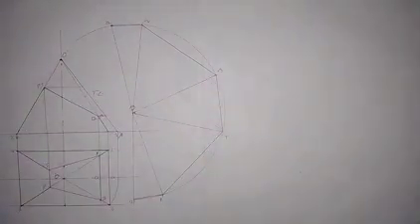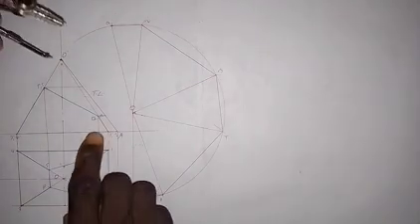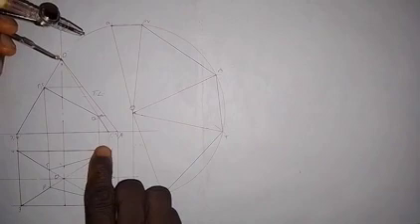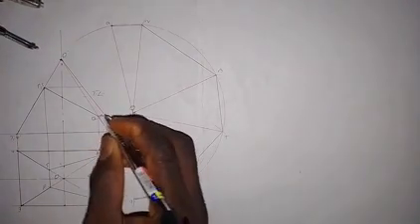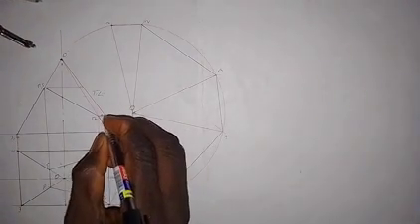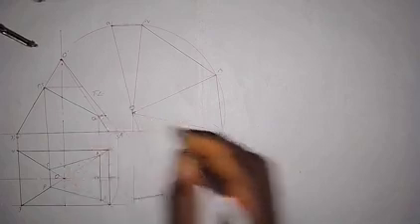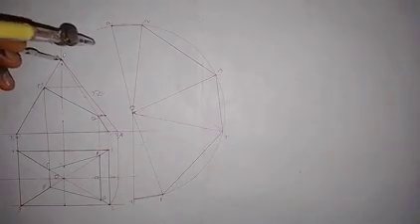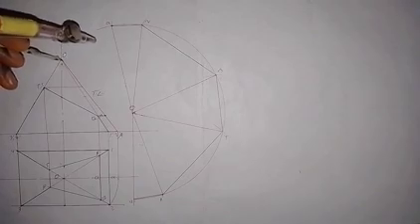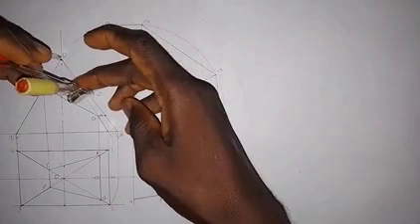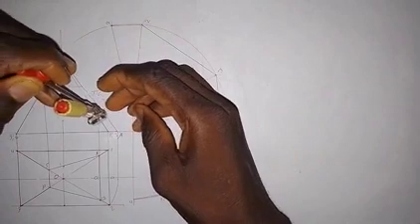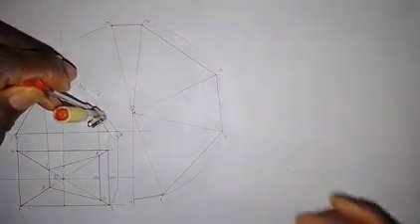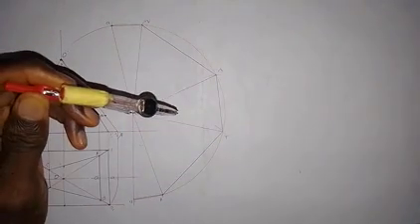Okay, so the next thing that we are going to do is, for QR, this point here. So let's take note. This is for QR, this point here. So I will take my compass, putting the pinpoint at O here, and then I will extend it to point QR here, then putting it at this point O here.